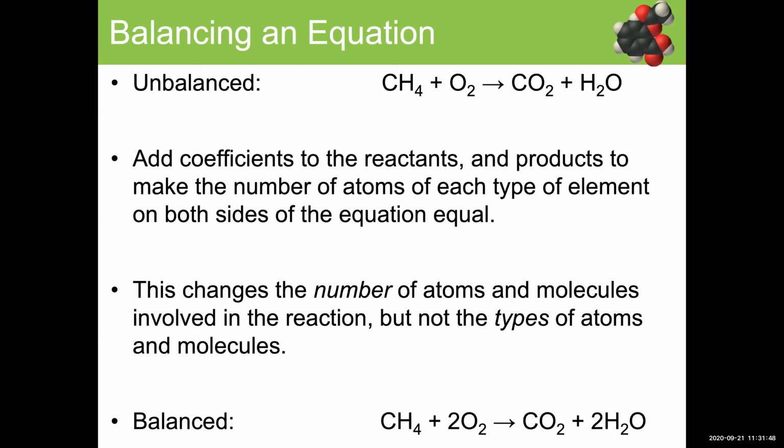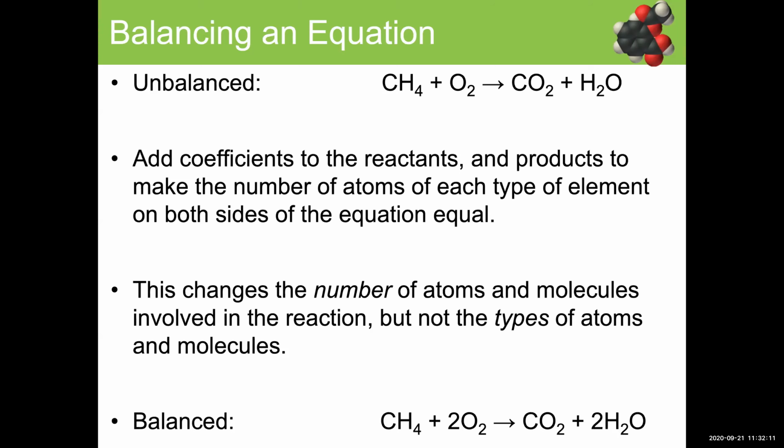So we have 2 from the water, 2 from the CO2 for a total of 4. The oxygen is O2, so if we have a coefficient of 2 in front of that, then 2 times 2 will equal 4. And then that'll balance our oxygens out. And sure enough, at the bottom of the page, we see that that's the balanced equation.